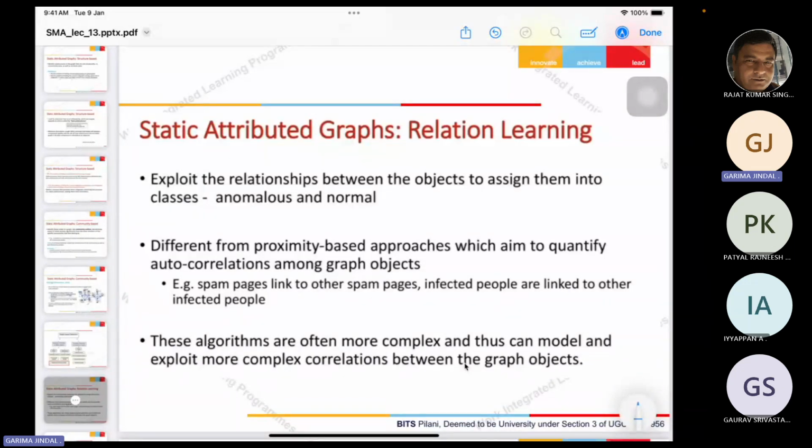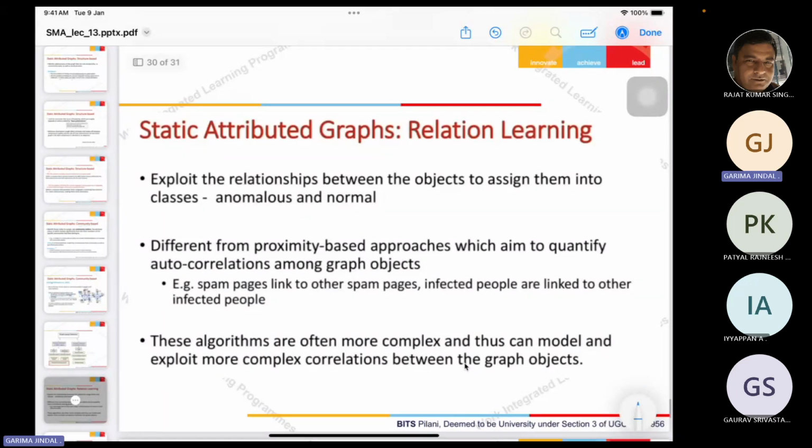Now I am going to use this connection, this relationship between the spam pages, to identify what other pages can be the outliers or anomalous pages. Now let's go through this slide.